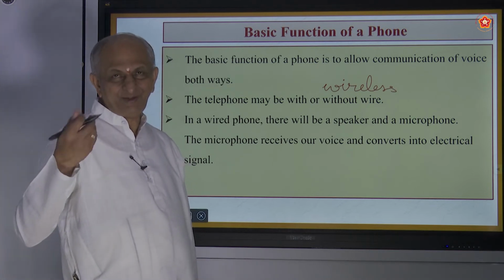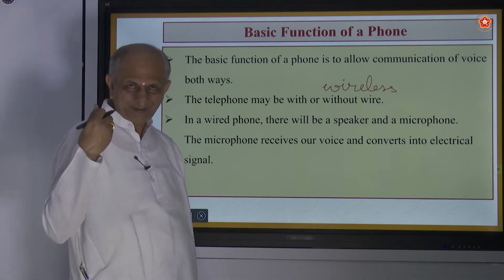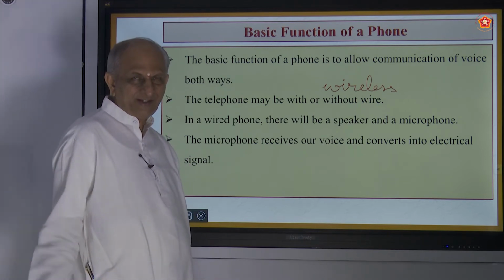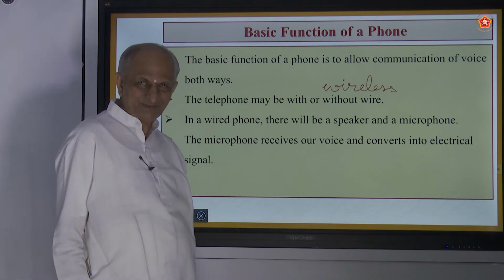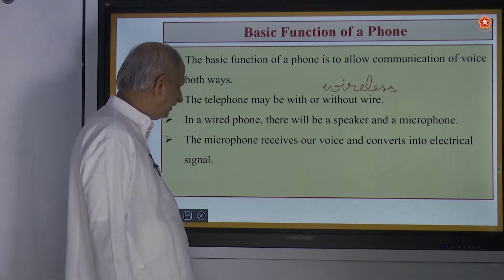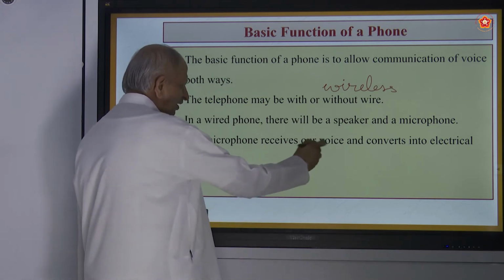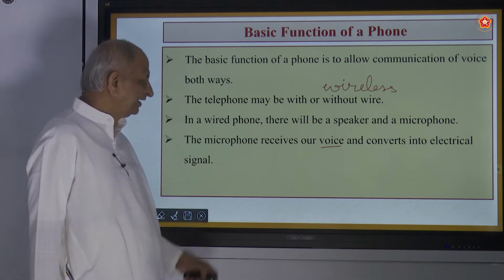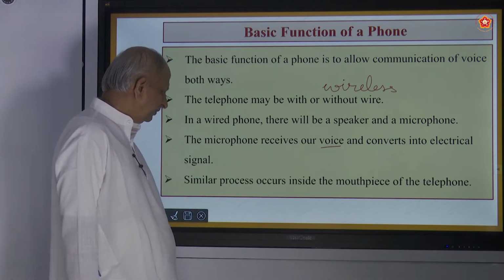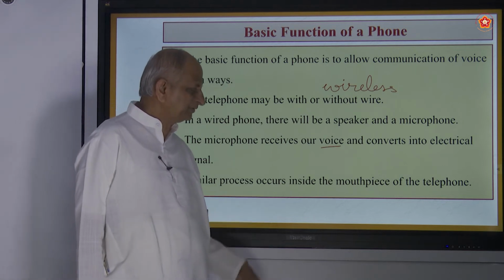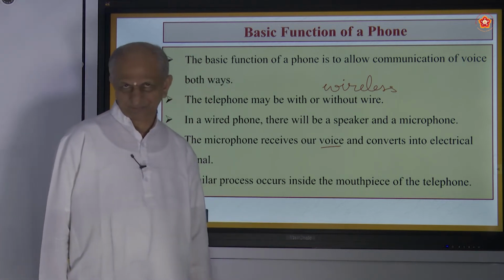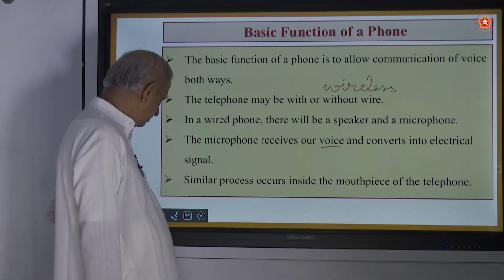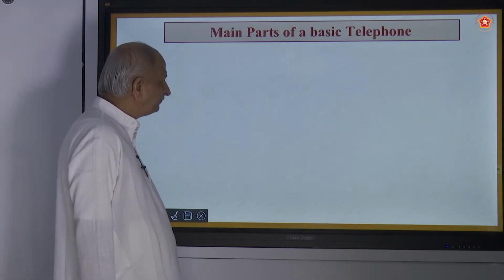It need not be only spoken words; it may be music, instrumental music, chirping of birds, blowing of wind and so on. All these are called voice. This voice will be converted into an electrical signal. A similar process occurs inside the mouthpiece of the telephone. So this is a very basic function of a telephone.